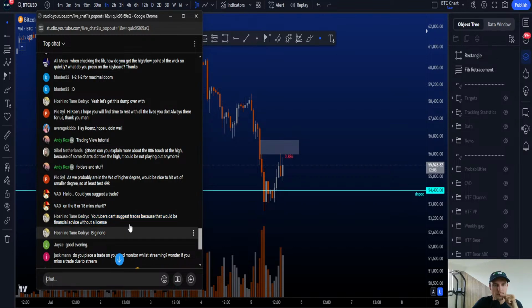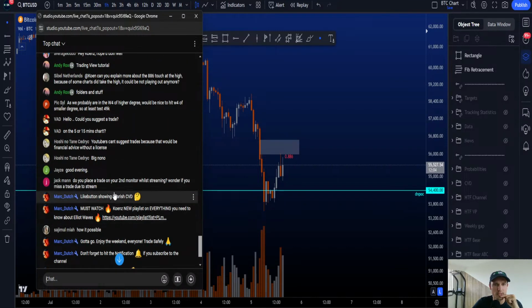Also correct. Jay-Z, welcome. Do you place a trade on your second while streaming? Wonder if you miss a trade due to stream. No, I manage my stream time accordingly to my trading. Also, I'm not someone that really, I don't even trade every day. So I'm more of a day trader, swingy day trader, you know.